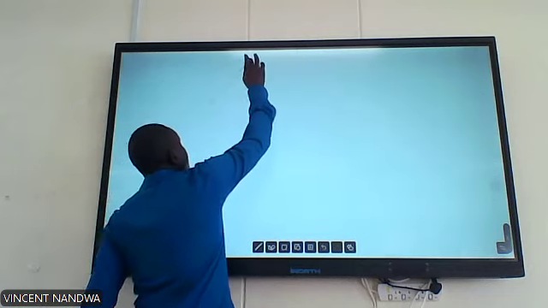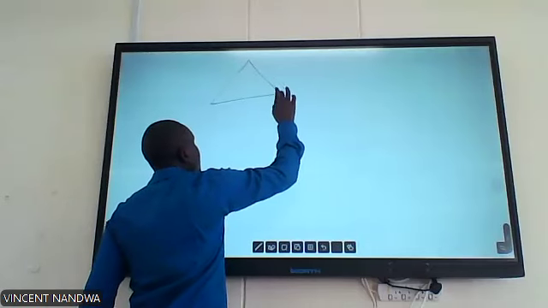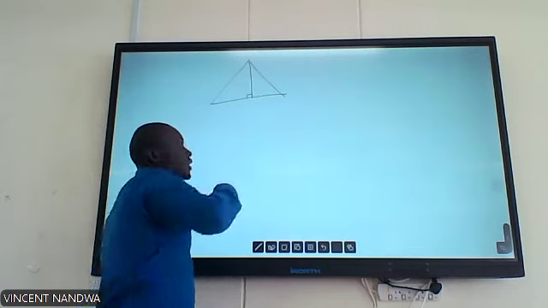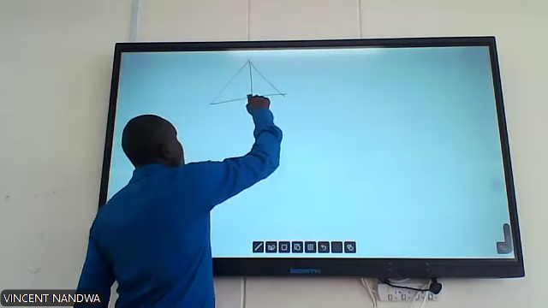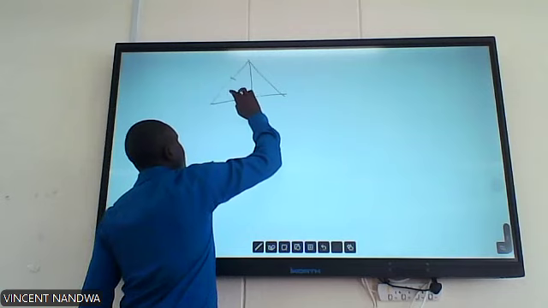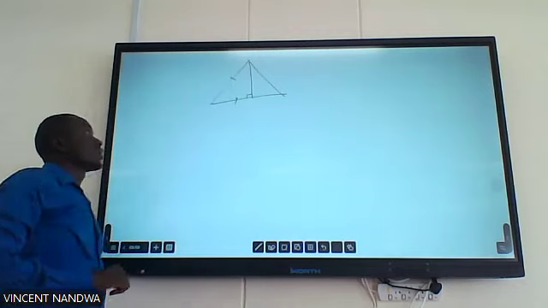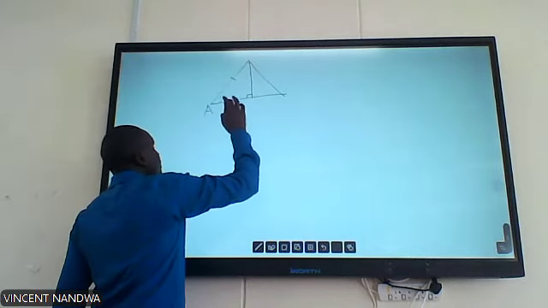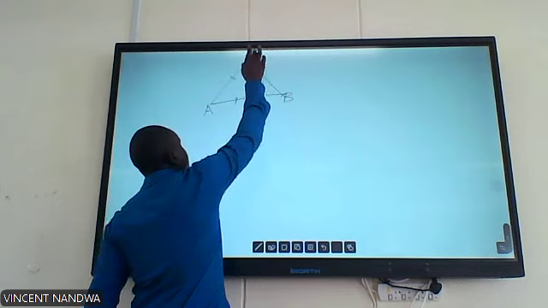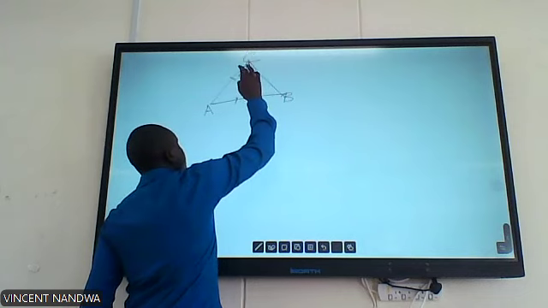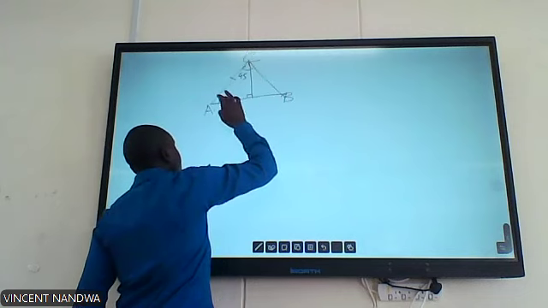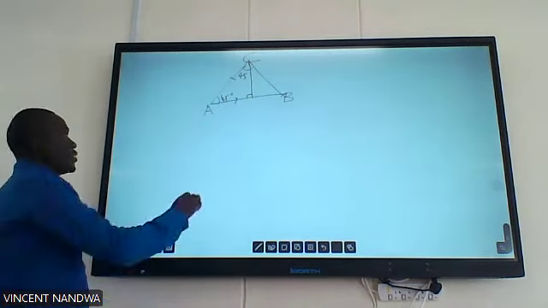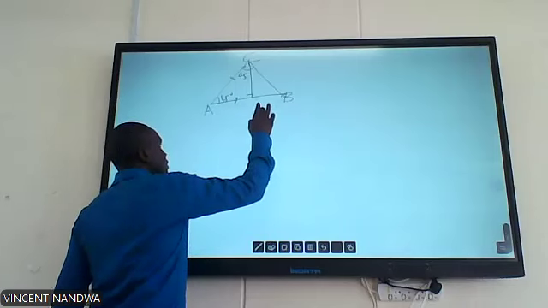Now consider this other triangle. Believe that that's a right angle triangle at this point. So let this and this be equal, so that this is A, this is B, this is C. So this is 45, this is 45.